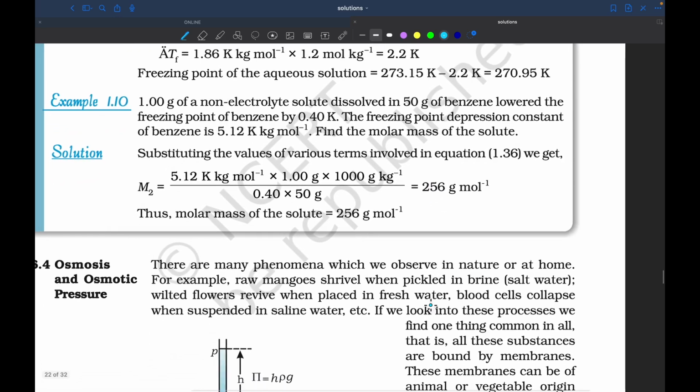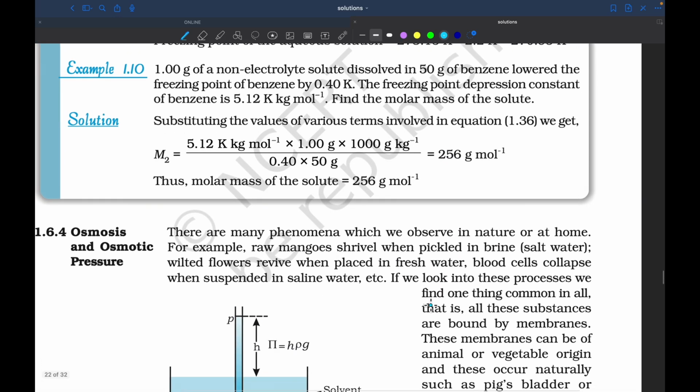Here is one more question. 1 gram of non-volatile solute dissolved in 50 grams of benzene has lowered the freezing point by 0.4. The freezing point depression constant for benzene is 5.12 Kelvin kg per mole. Find the molar mass. It is a direct question, everything is given, you just have to plug in.